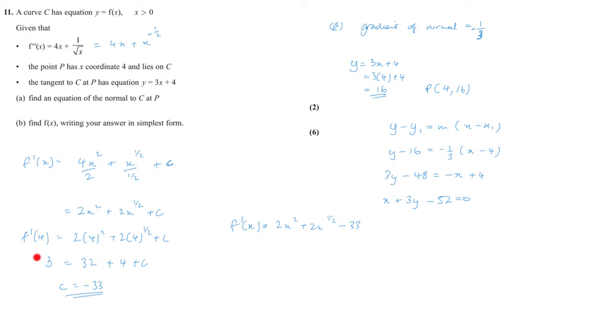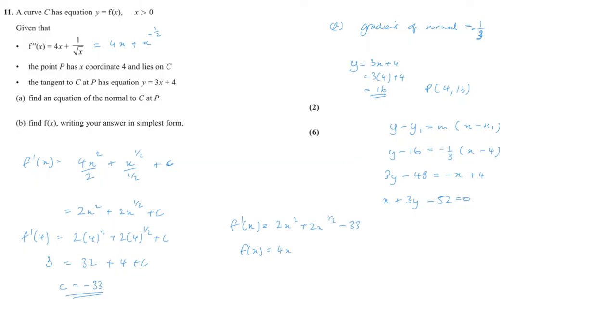Okay, and this key step here is, well, harder to spot, especially towards the end of your time when you're a little bit tired. But anyway, right, after that then it should be quite straightforward.